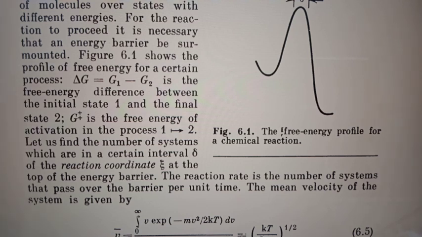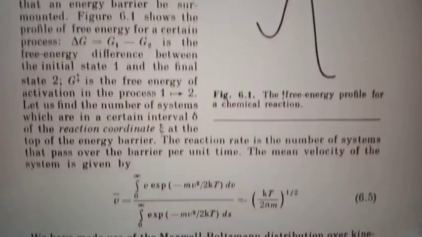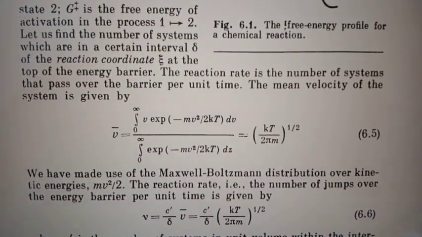The mean velocity of the system is given by this equation, where we have made use of the Maxwell-Boltzmann distribution over kinetic energy mv squared by 2.